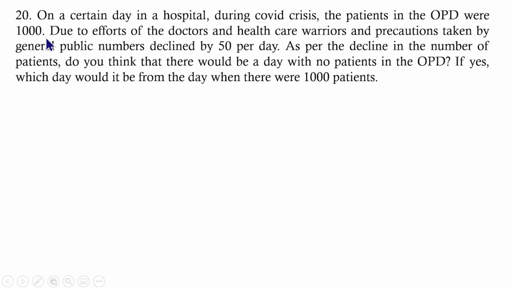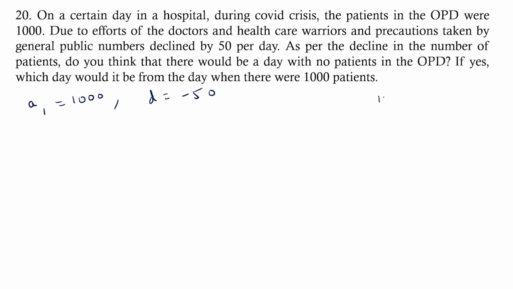So here it is given on the first day there were 1,000 patients. So if we take the first day as A1, then on the first day there were 1,000 patients. Then the numbers declined by 50 per day. So it means the common difference is minus 50.